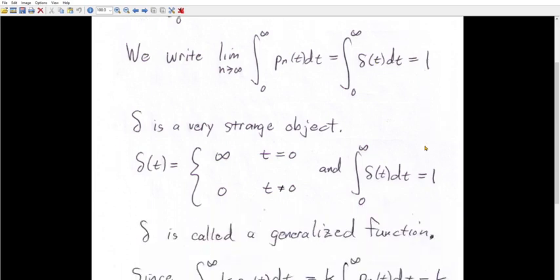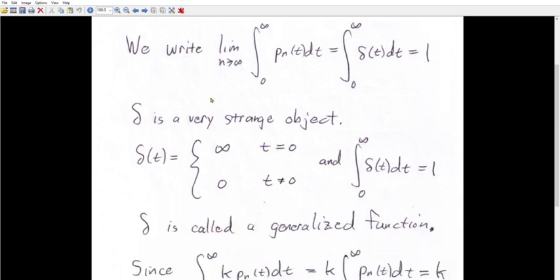Now, if we thought of delta as a function, it would be a very strange object. The area under the curve, when you integrate this thing, is 1. However, if you think about its function values, the only place where there's a function value other than 0 is t equals 0. For t not equal to 0, it's 0, and as a result, the height has to be infinite.